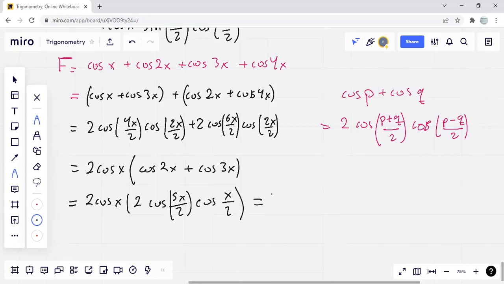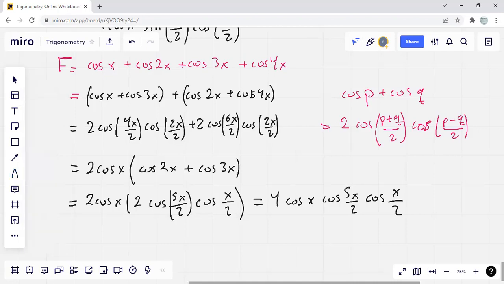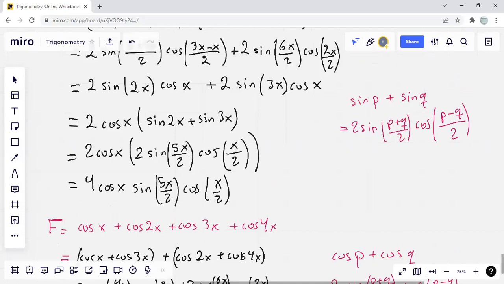This can be simplified as 4 cosine x cosine 5x over 2 cosine x over 2, and now it is written as a product of 3 terms. And like this, we will be done with part 1.